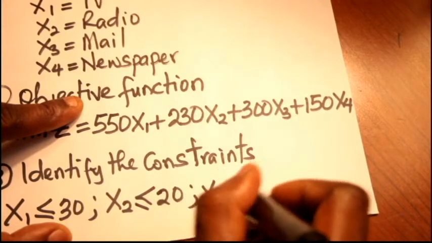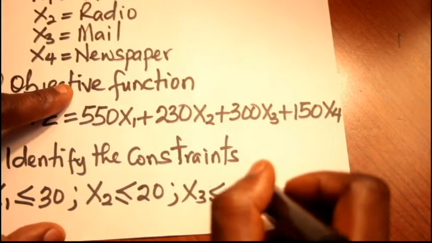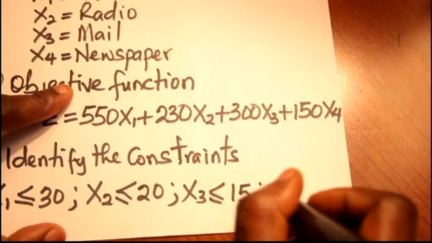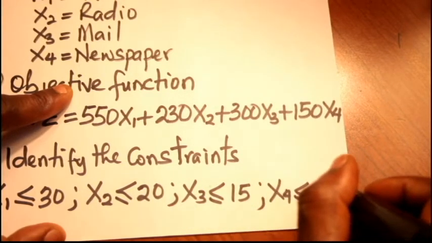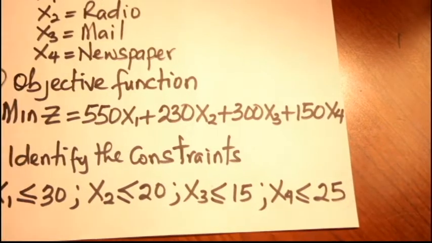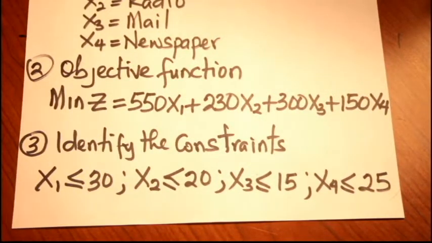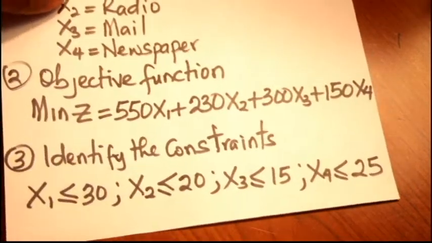X3 must be equal to or less than 15. And X4 must be equal to or less than 25. With that, I've been able to state out the possible constraints for the operation.